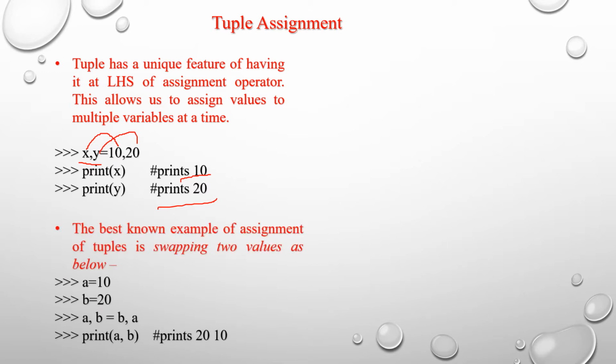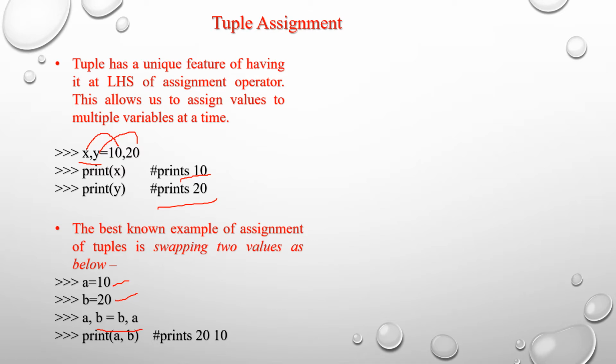Let's consider one more example. The best known example of tuple assignment is swapping two values. For example, you take a is equal to 10, 10 is assigned to a, and b is equal to 20, 20 is assigned to b. Here I am going to declare a comma b is equal to b comma a.